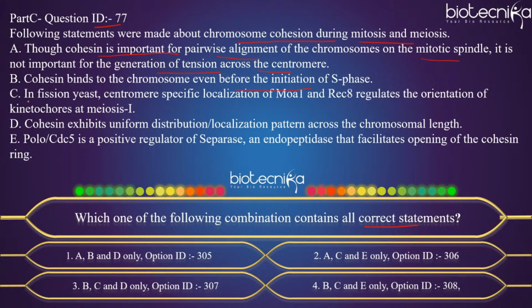Then, third statement: in fission yeast, centromere specific localization of MOA1 and REC8 regulates the orientation of kinetochores at meiosis 1. D. Cohesion exhibits uniform distribution or localization pattern across the chromosomal length. E. Polo CDC5 is a positive regulator of separase, an endopeptidase that facilitates opening of the cohesin ring.